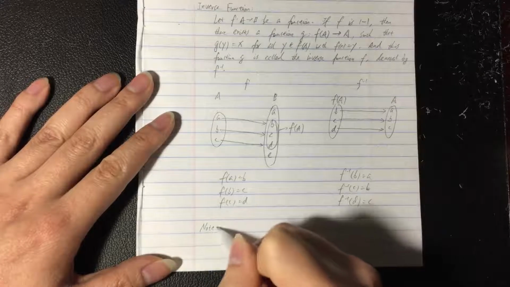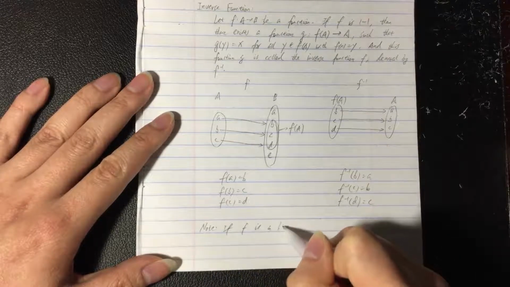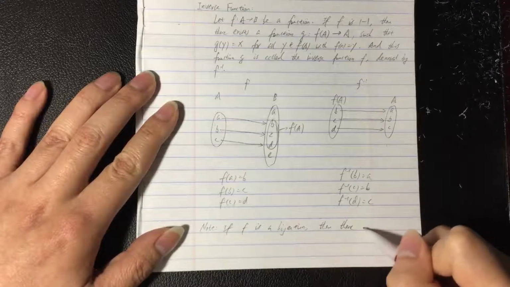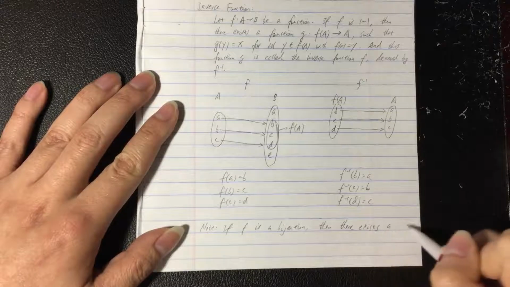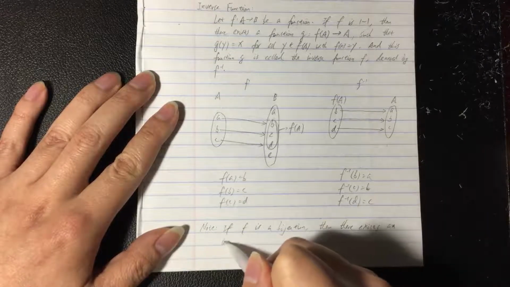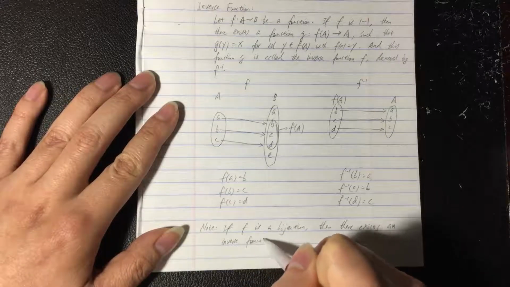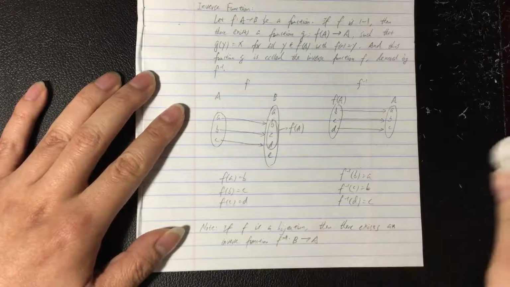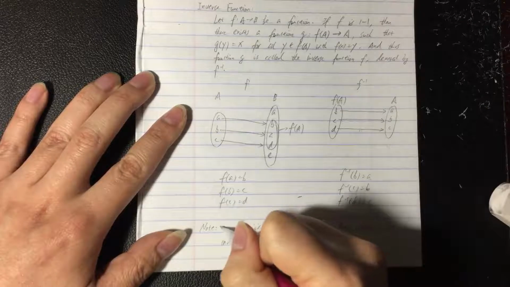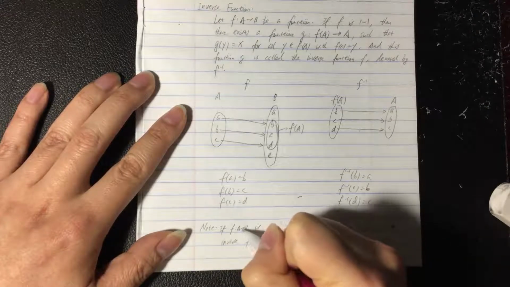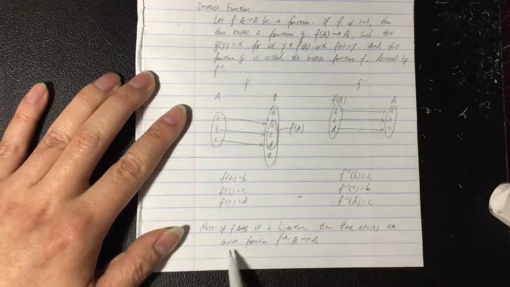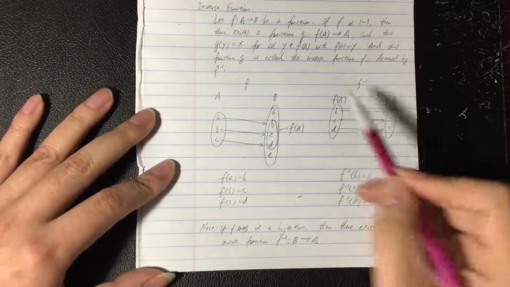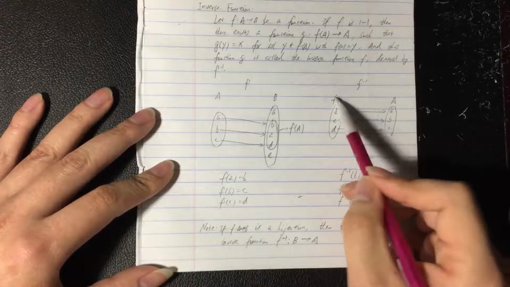Note, if f is a bijection, then there is an inverse function mapped from B to A. Assume f is from A to B. If f is a bijection, then the range of f is the same as the codomain of f, f of A is the same as B, since f is onto.